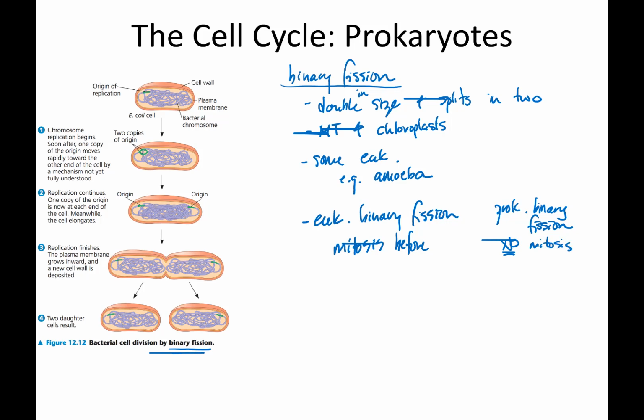What happens in the prokaryotic binary fission is illustrated on the left, right? Remember, we talked about DNA replication of the circular E. coli chromosome. There's a single origin of replication, and here you can see the DNA is starting to peel apart and is going to copy and create two copies of circular DNAs.